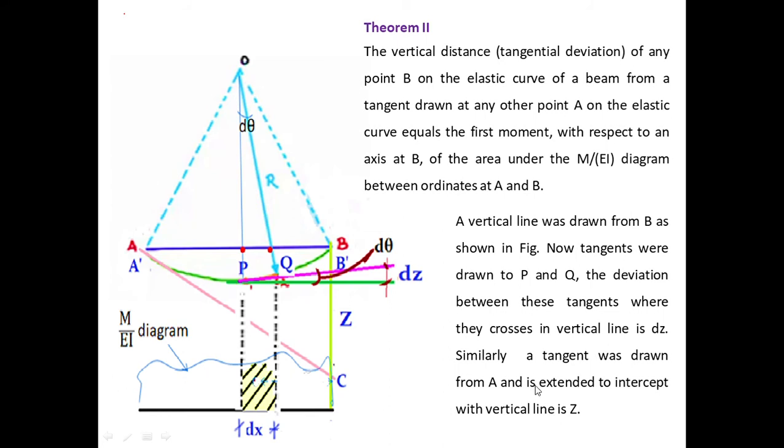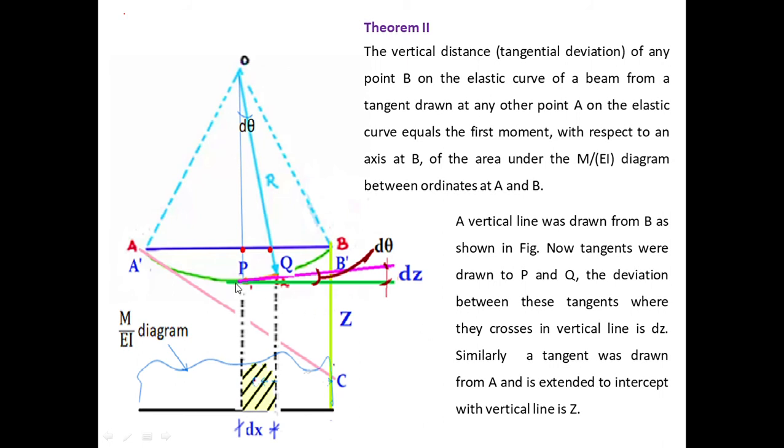Suppose A and B are the 2 end points, and P and Q are points of a very small length. As we already discussed, the angle between these small points is d theta, the radius is R, right?